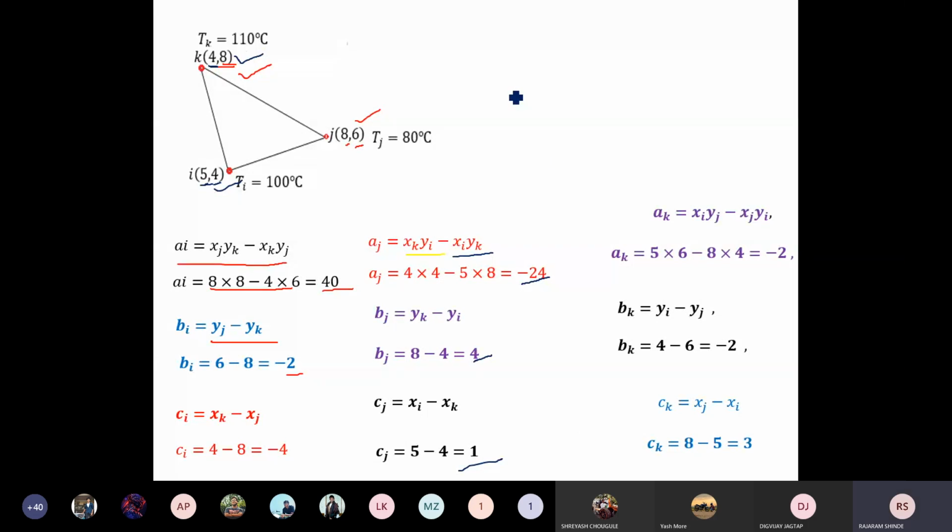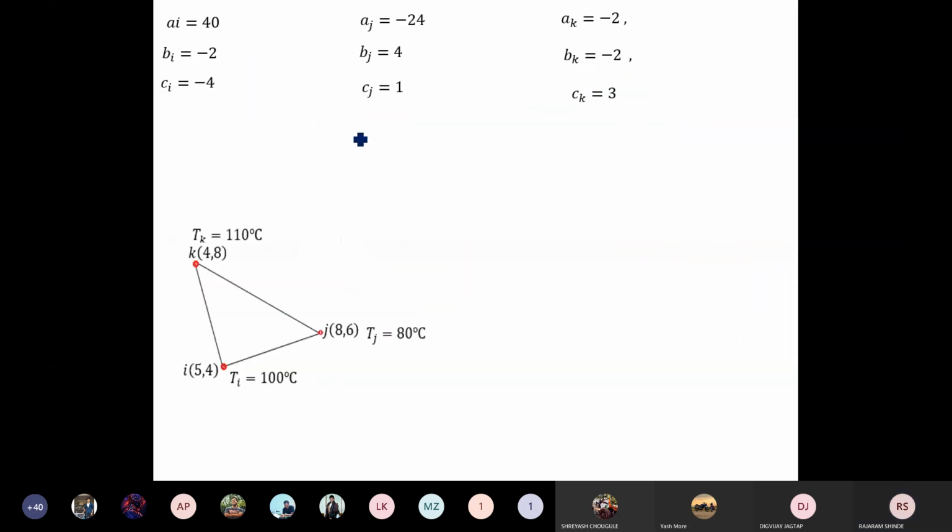See here, we have calculated 2A. 2A is equal to 14. And we have calculated all coefficients, that is all these constants. What is next step? We have to calculate the shape functions.